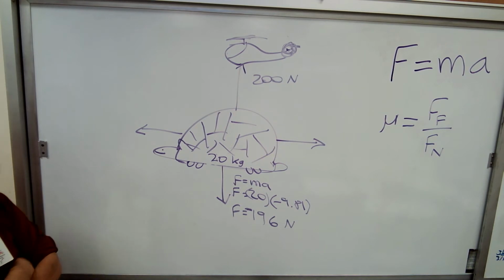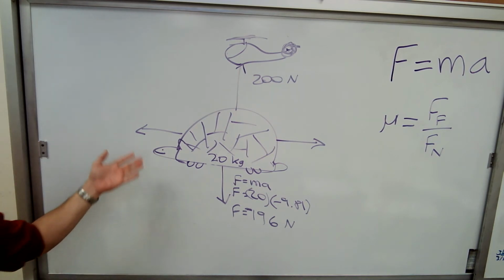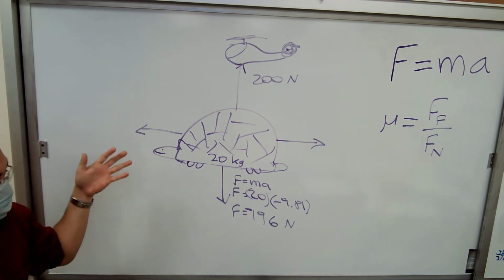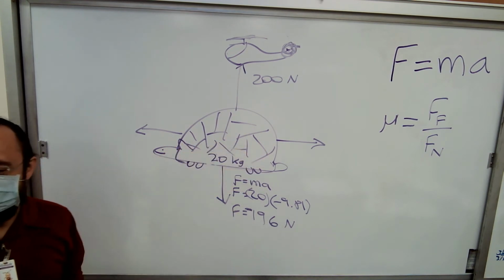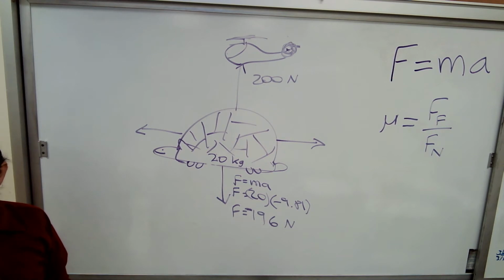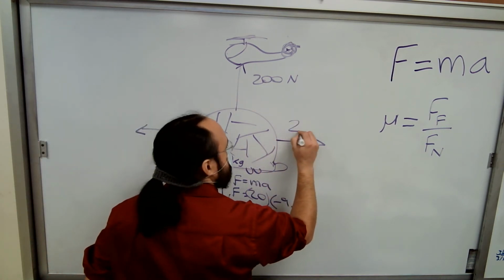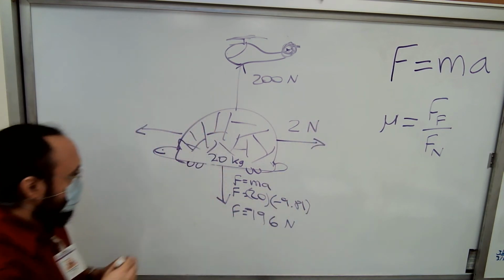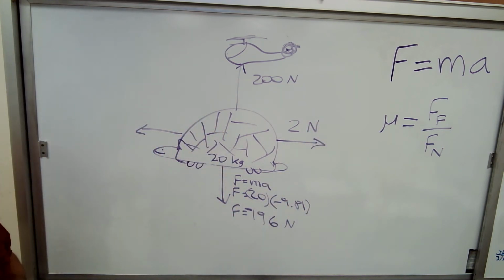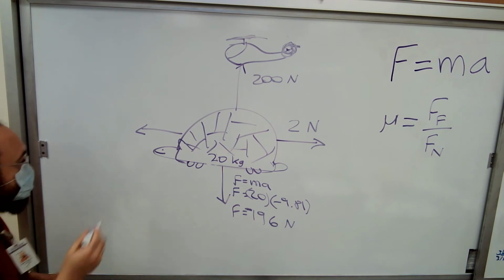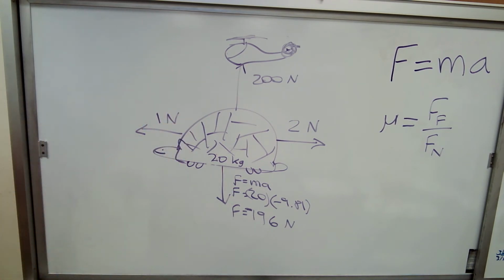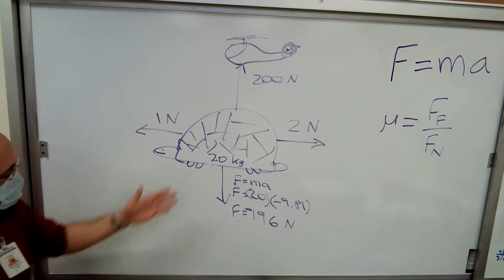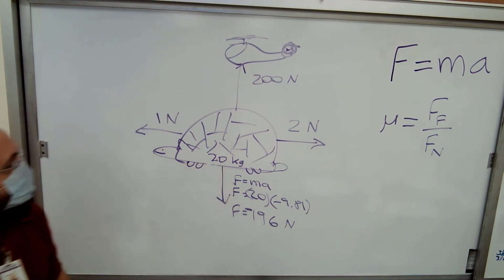I'm not going to make this more complicated. There's something pushing the turtle. Let's say the wind in one direction. How many newtons is the wind pushing the turtle? Let's make something up. 2 newtons. And then let's say friction the other way is 1 newton. That'll be fine. Okay, so cool, we did the weight.